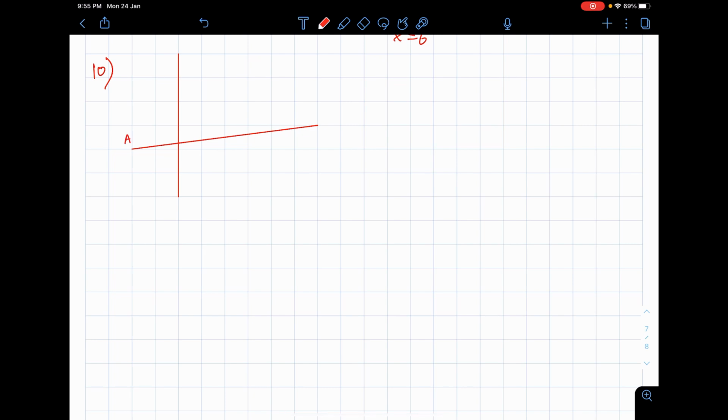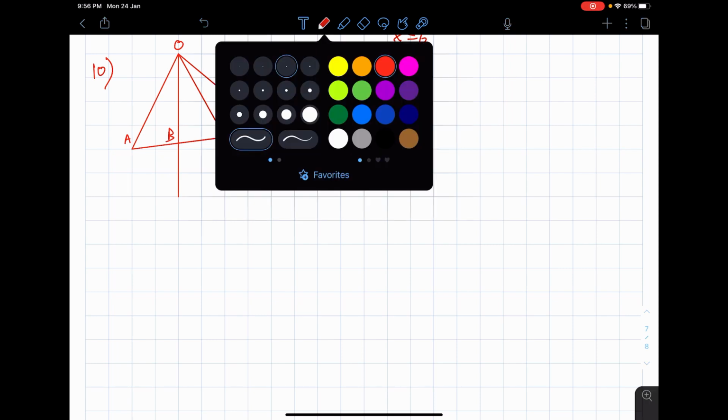This is point A, point O, point B. This is point E. Then there is a line here, here, here. Point C, point D.